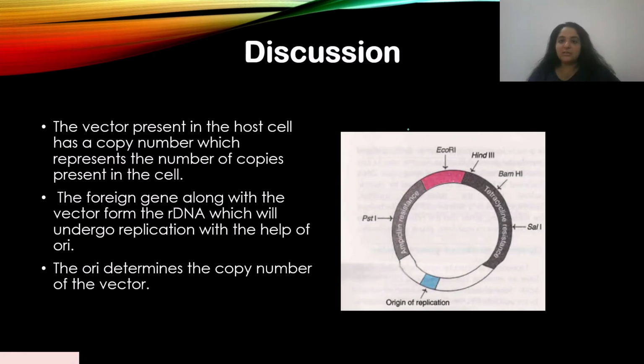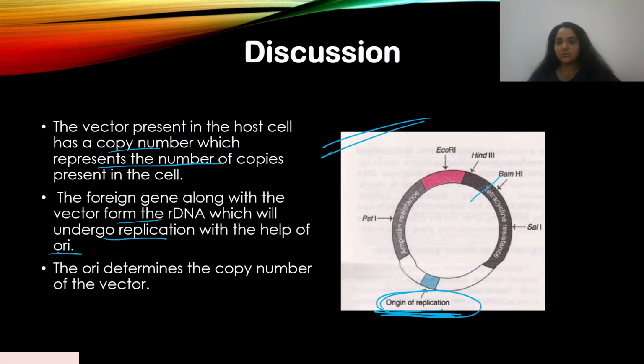Alright, so here you have a plasmid, right? You have an origin of replication. Now this origin of replication is what controls the copy number in the plasmid. There are different types of origin of replication which replicate the plasmid into certain copy numbers. The vector present in the host cell has a copy number, which represents the number of copies present in the cell. The foreign DNA along with the vector forms the rDNA, which will undergo replication with the help of ORI.